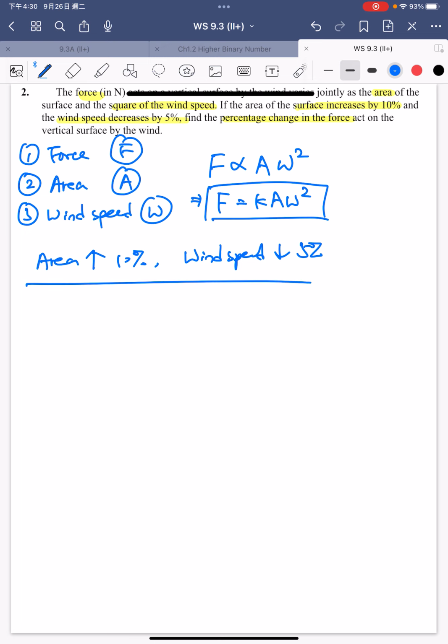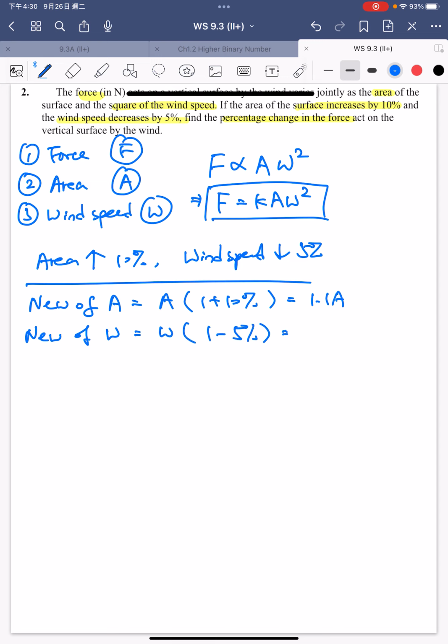So the new value of A, the area, is equal to the original area times 1 plus 10% as it's increased. So now we have 1.1A. Then the new value of the wind speed is equal to the old wind speed times 1 minus 5%, which gives 0.95W.